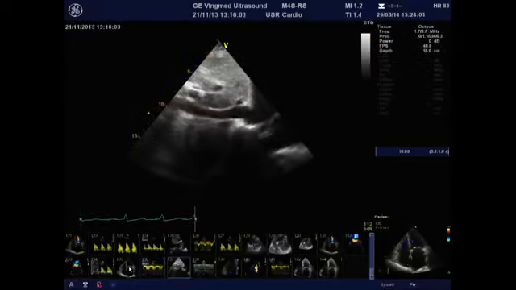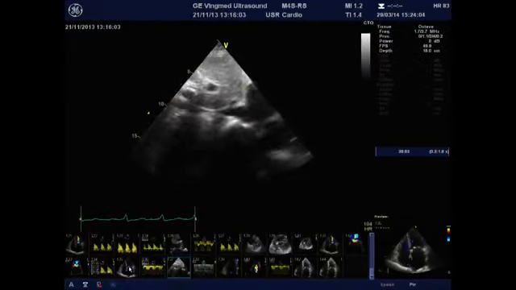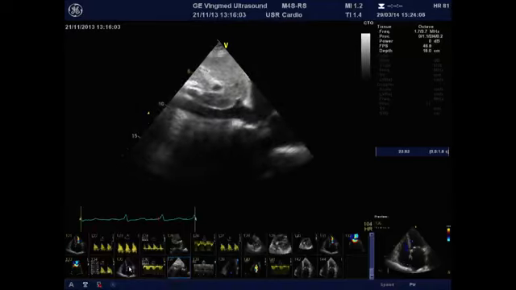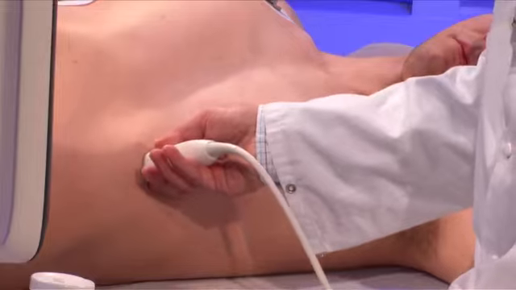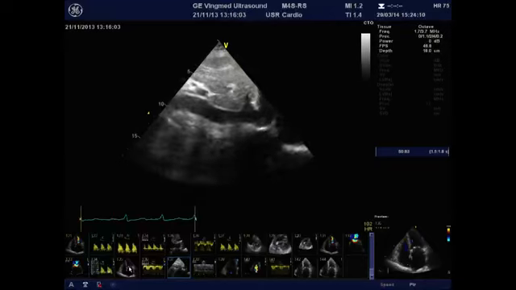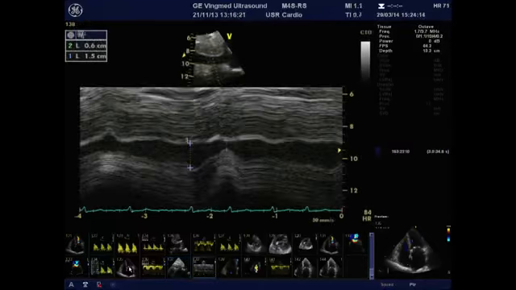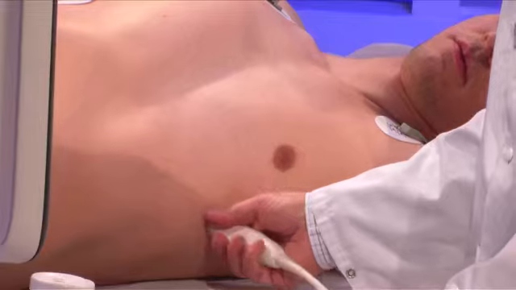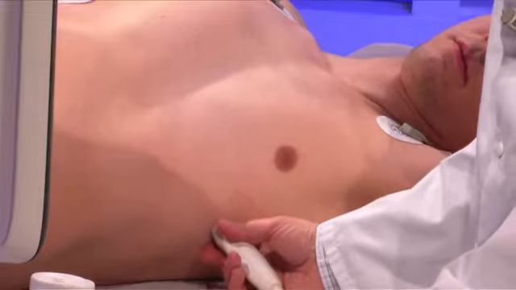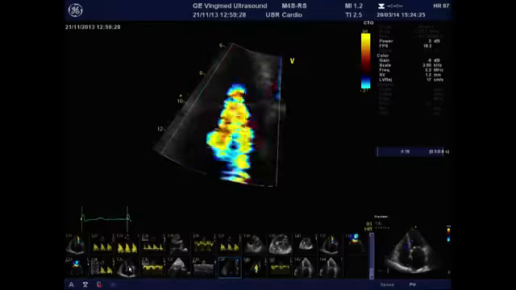Please note that the inferior vena cava is not dilated and shows inspiratory reduction consistent with non-elevated right atrial pressure, more than 50% reduction in this case. And we can use the PISA method for assessing tricuspid regurgitation.